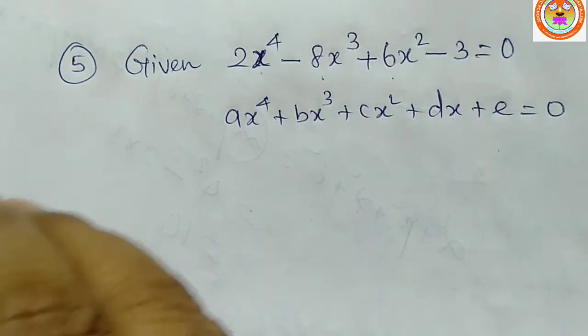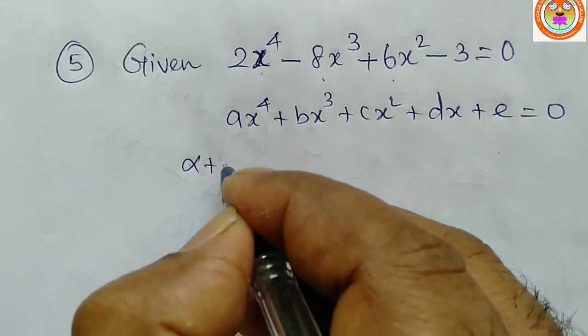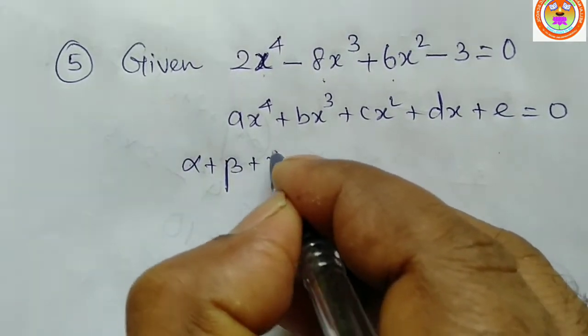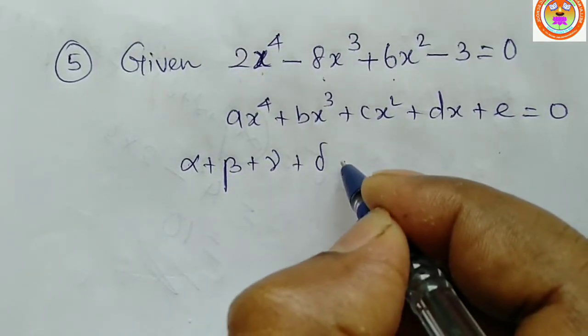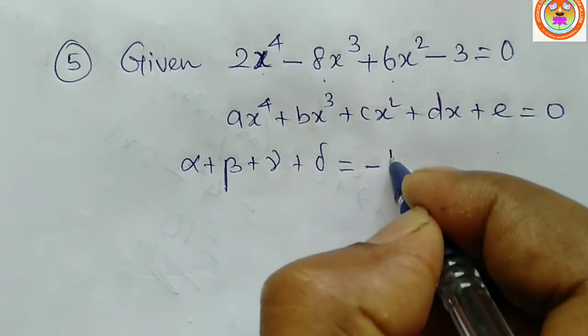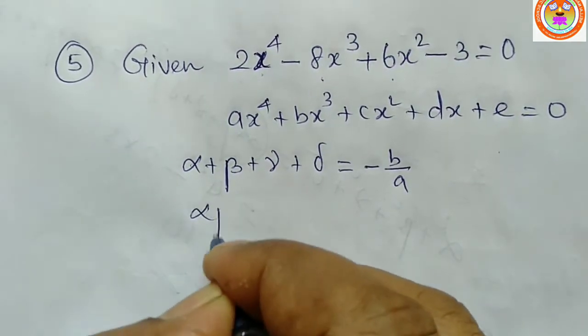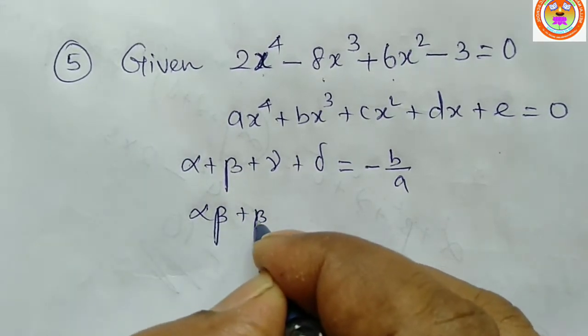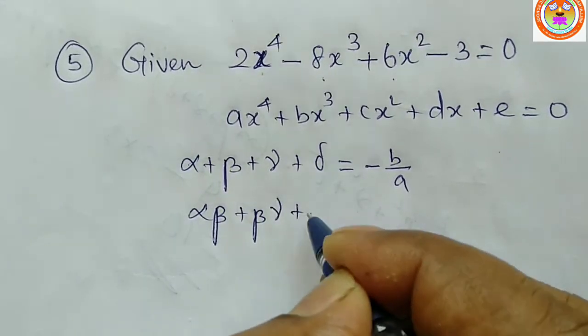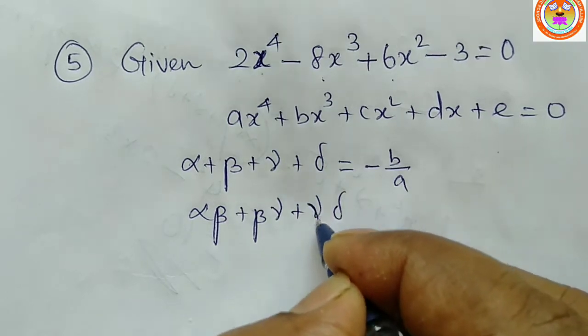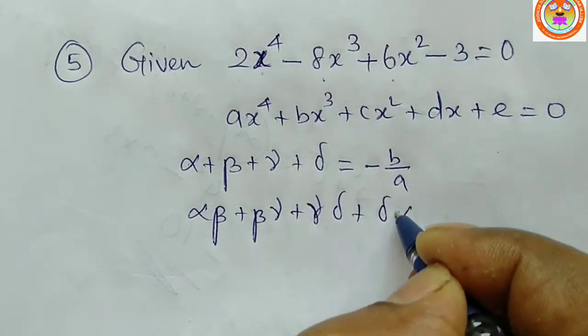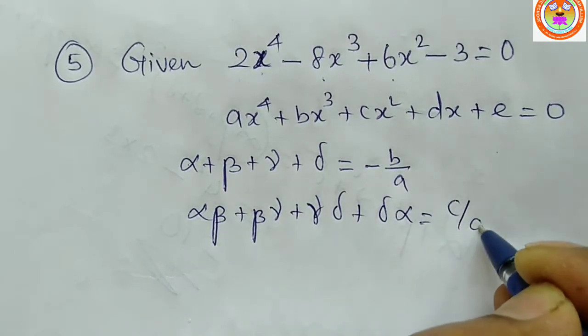Therefore, the sum of the roots alpha plus beta plus gamma plus delta is equal to minus b by a. Alpha beta plus beta gamma plus gamma delta plus delta alpha is equal to c by a.